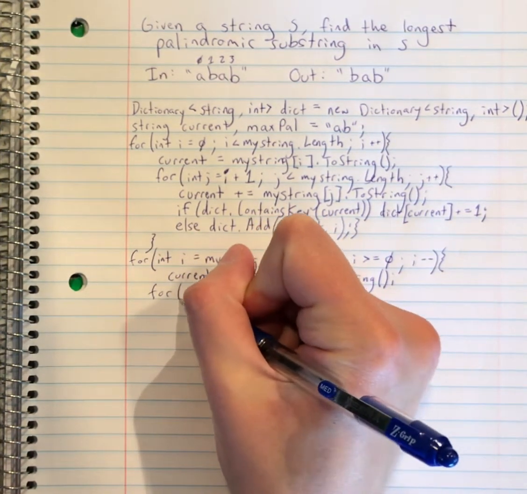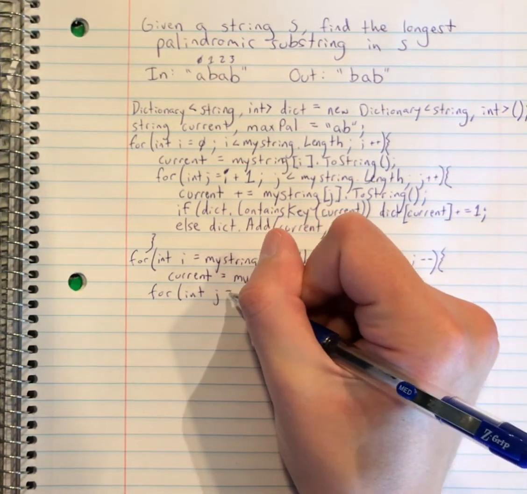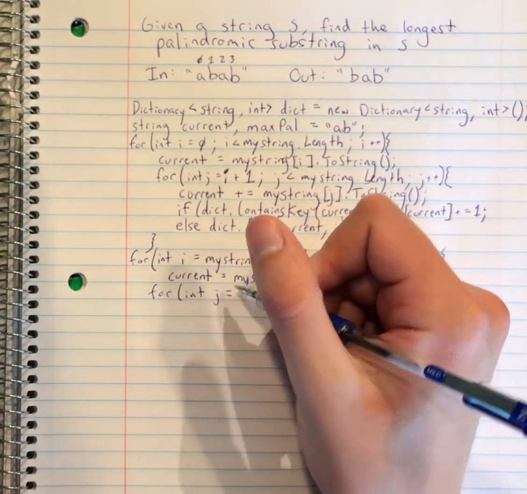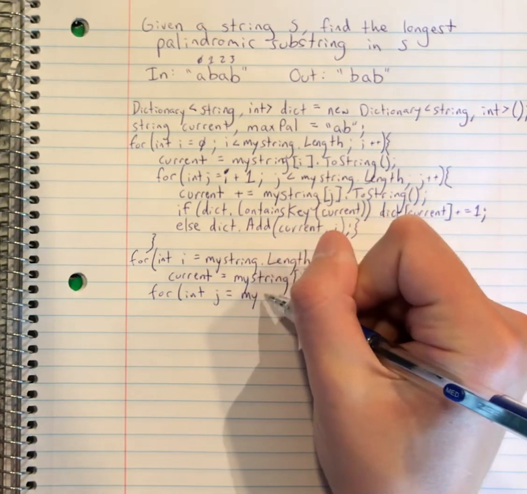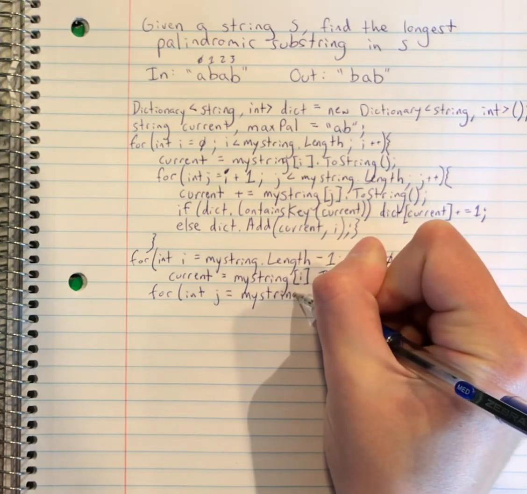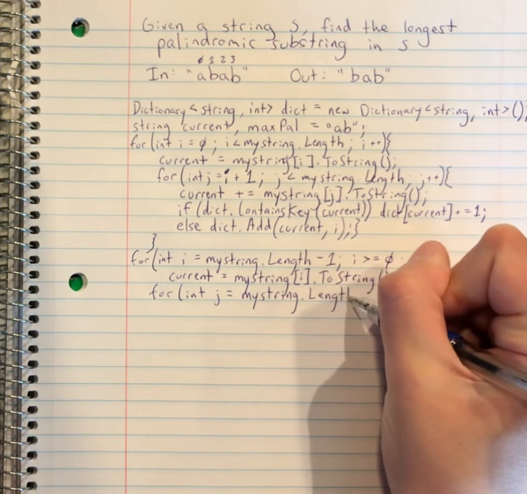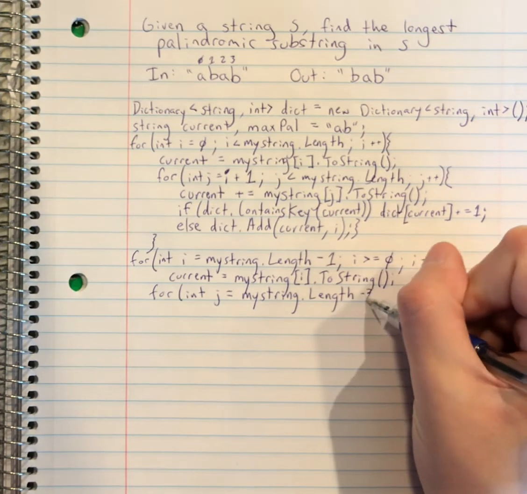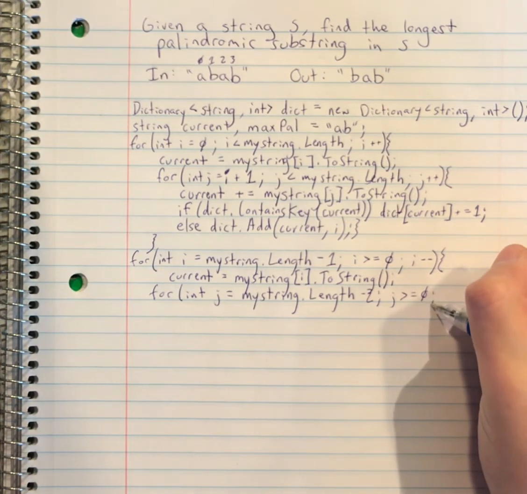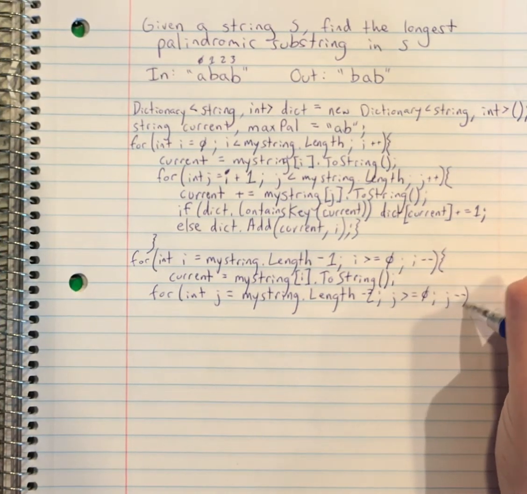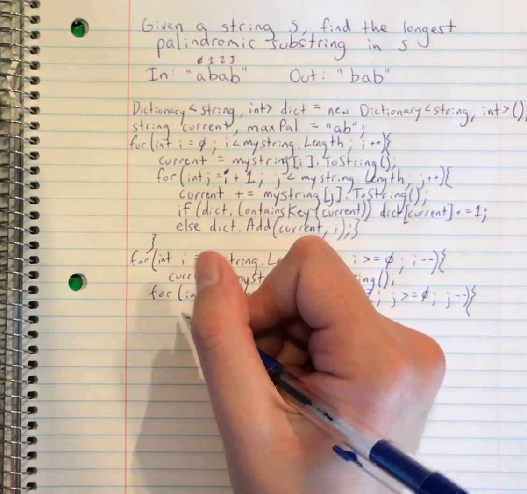Okay, so J starts at the second from the rightmost element. We'll tack on to current.